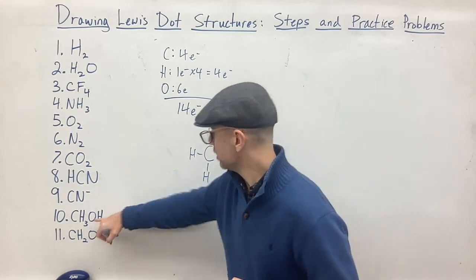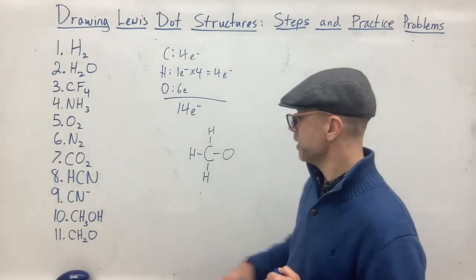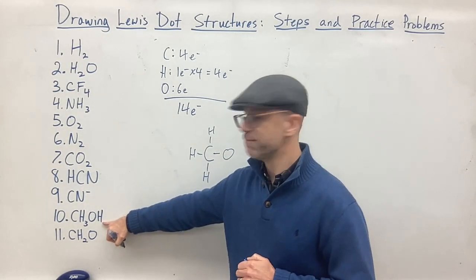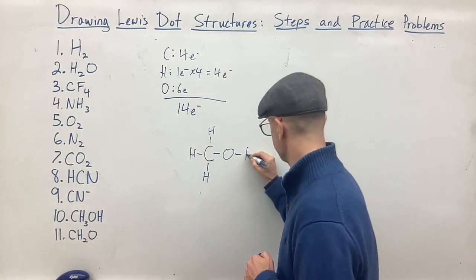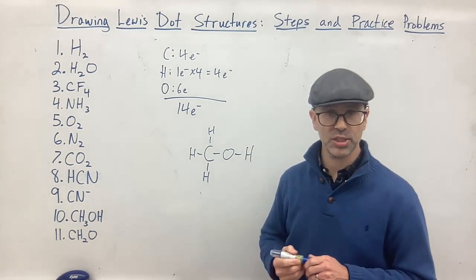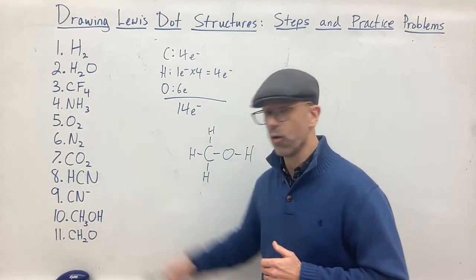So this oxygen has to be bonded to the carbon. And then this hydrogen follows the oxygen, so it's bonded to the oxygen, like that. So there's my skeletal structure for this formula.